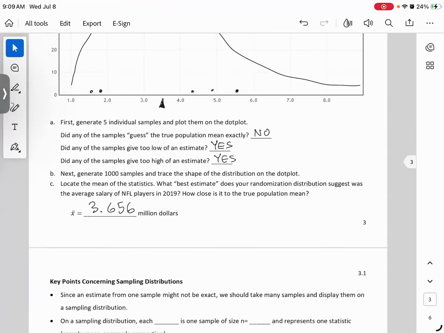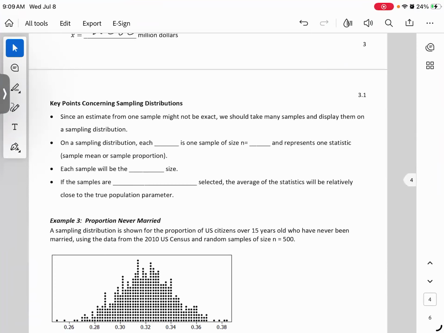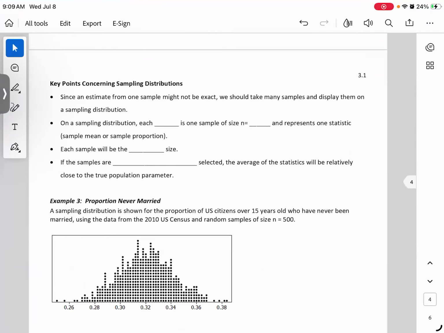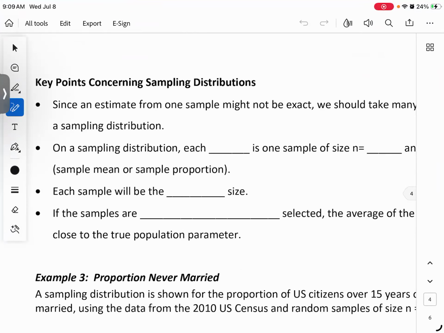All right, actually, we don't have too much left, so let's go ahead and start wrapping this up. The main things I want to give you are the key takeaways to one of these distributions: each dot is not just one football player.